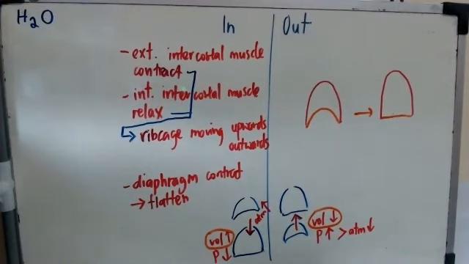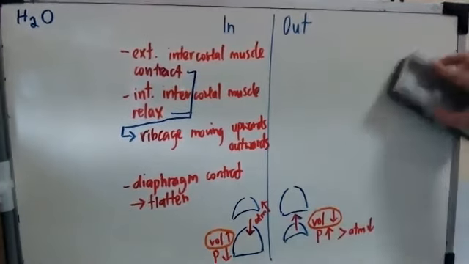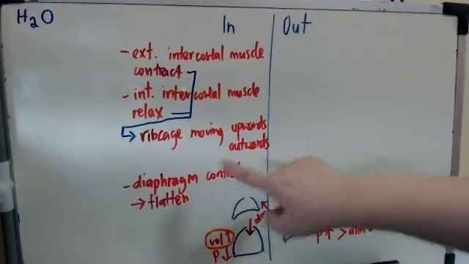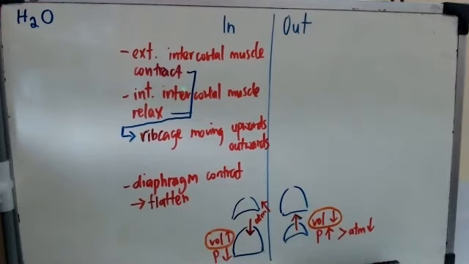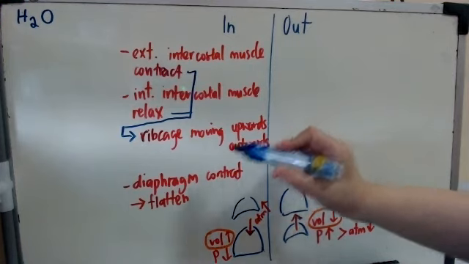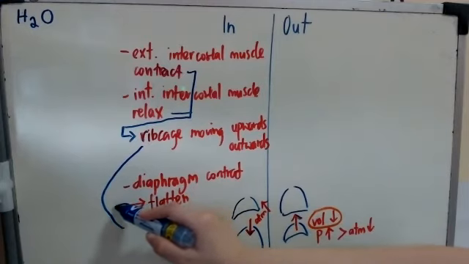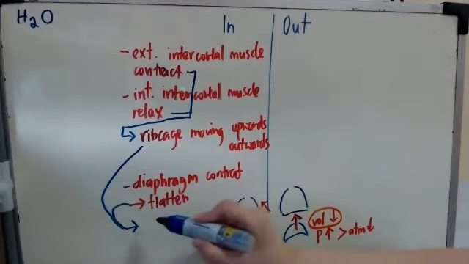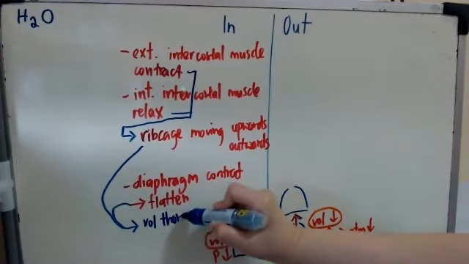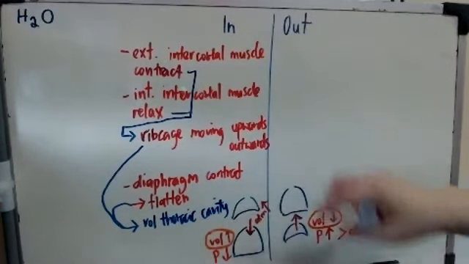Yeah. So basically, when the rib cage moves upwards and outwards, plus the diaphragm being flattened, this rib cage condition plus the diaphragm's condition would cause the volume of the thoracic cavity to increase.